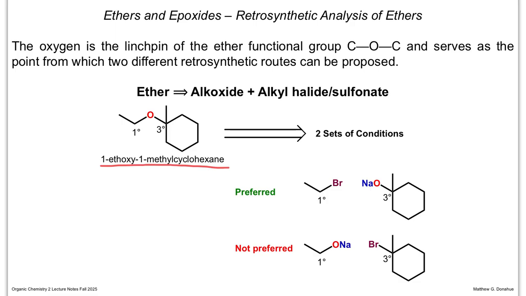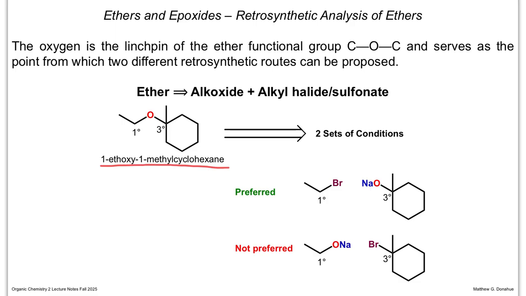Then the other one has to have a leaving group, that's the electrophile. The rational way to do this, once you identify the oxygen, you look at each carbon atom. Then you classify that as if it were an alcohol. So the one on the left, we would say that's primary. The one on the right is secondary.